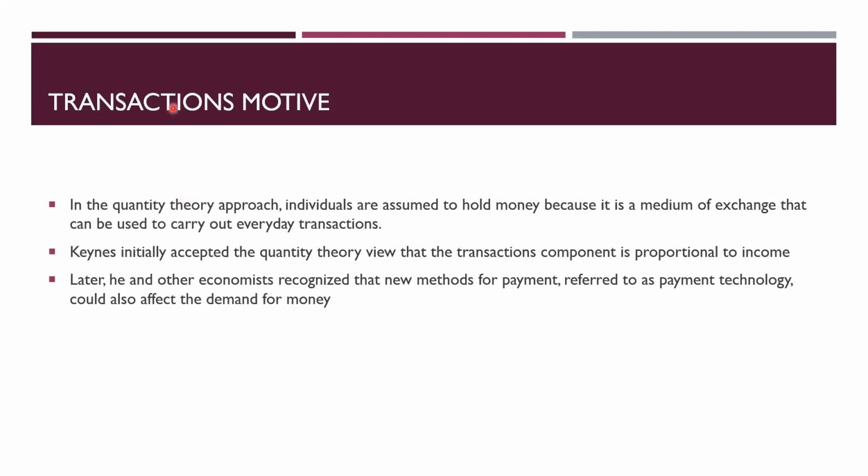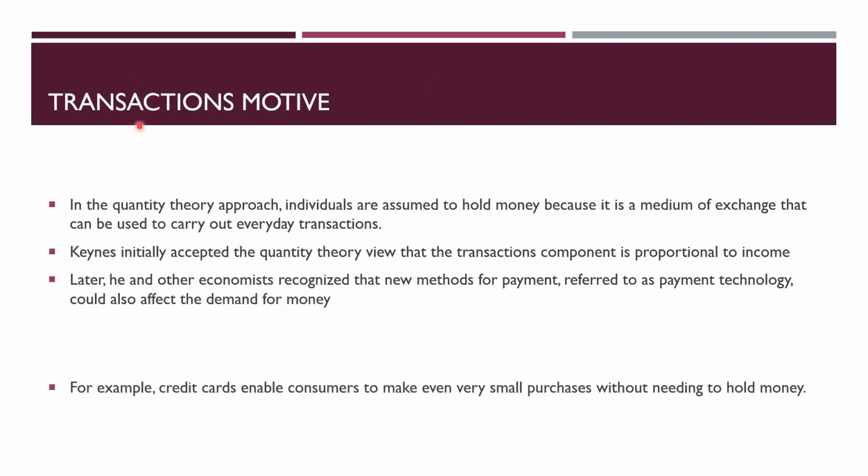But according to Keynes, the transaction motive for holding money is that people hold money for making day-to-day transactions. For example, you need transport money, you need food, you need entertainment, etc. To meet all those needs, you need to have money, and therefore the motive behind your demand for money would be for transaction purposes.